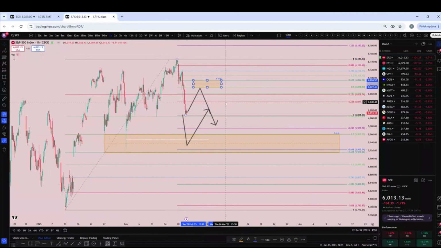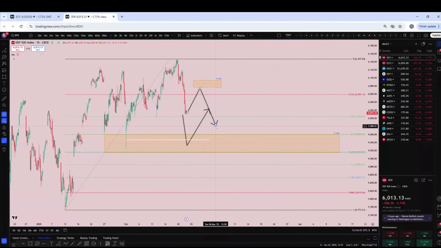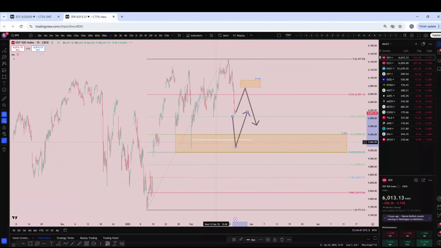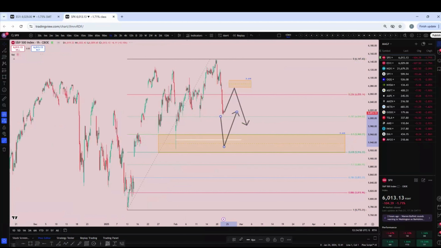And so then I'll remove my bib. So two things can happen, of course. We come into this discount area here, then we pop up. Or we come into this discount area here, and we continue down. We got a lot of gaps here, as you can see. All right.